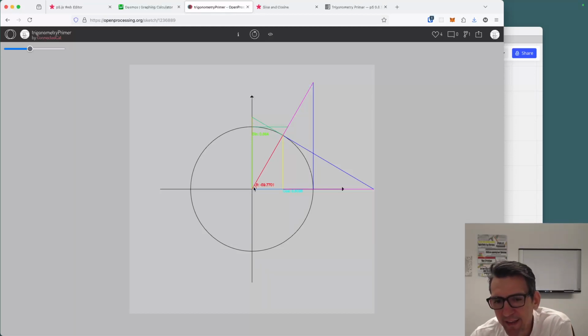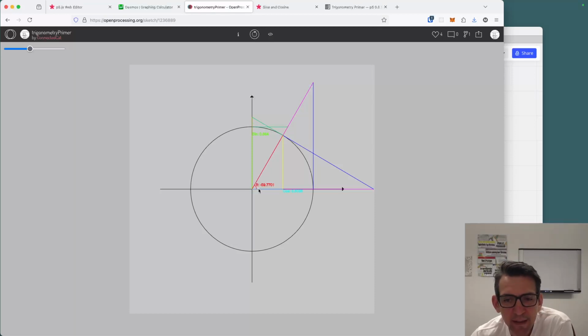And the angle here, that's the angle that I'm measuring. I have an adjacent line, which is this brighter blue, and I have the opposite line, which is bright yellow. And the bright yellow, I'm simply projecting onto the y-axis, and that gives me my sine value. I could just as well measure my sine right here, but it's a little bit more illustrative to see how it's projected onto my y-axis.